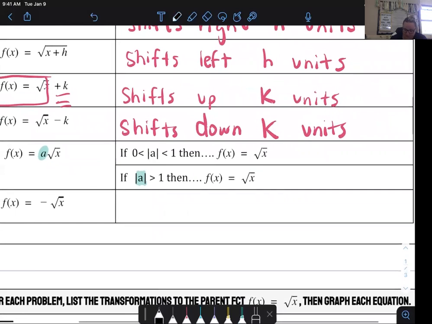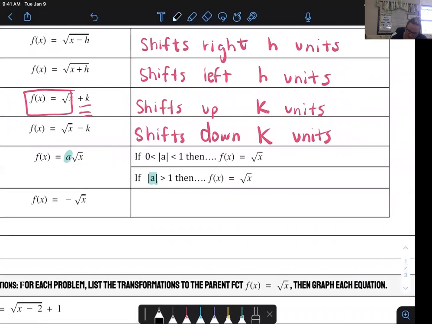So if the absolute value of a is greater than 1, then f of x equals the square root of x has a vertical stretch by a factor of that absolute value of a. So our graph is going to stretch vertically.